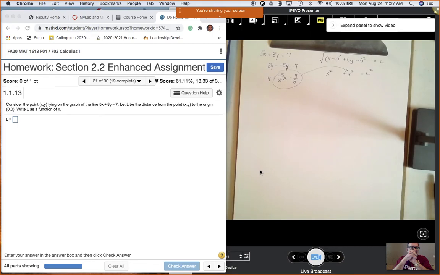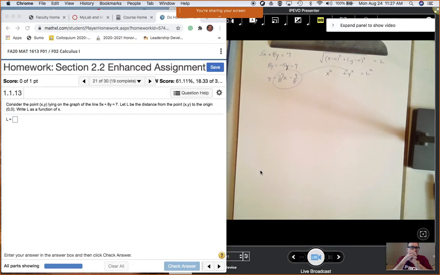Well, to finish this problem, we're going to take the equation of the line they gave me and solve for y. I'll move the 5x over and divide everything by 8, and I'll get y equals minus 5/8 x minus 7/8.